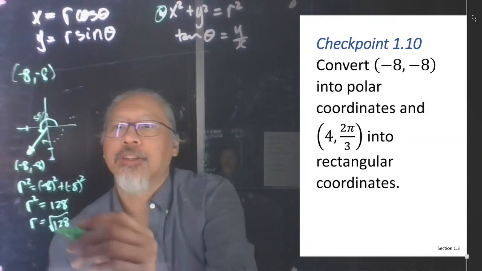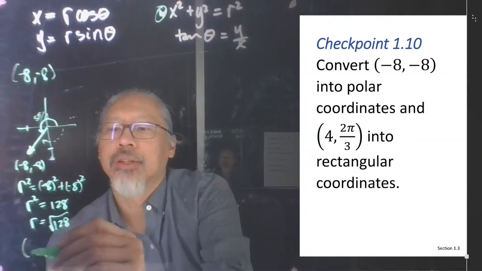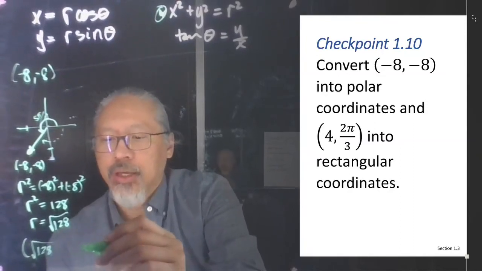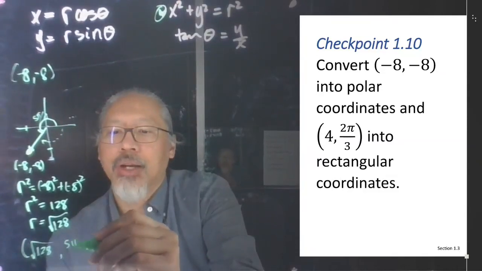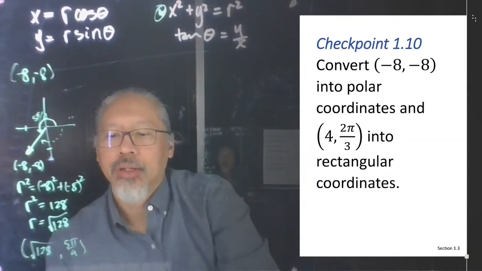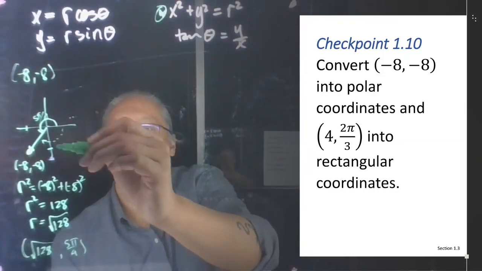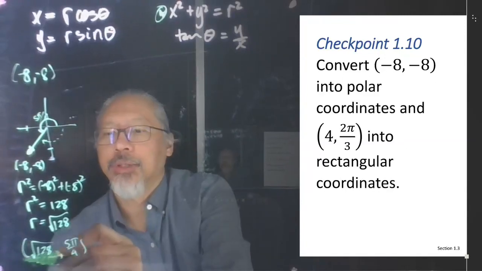Okay, so (-8, -8) is equivalent to, in polar coordinates, r is the square root of 128, and theta is 5π/4. Again, we could have expressed that as -3π/4, but this should be good.